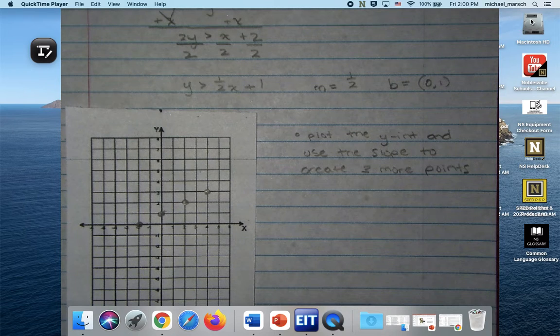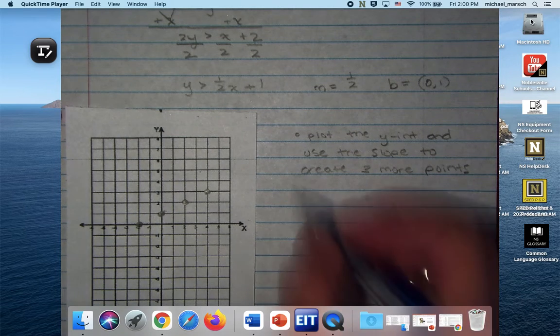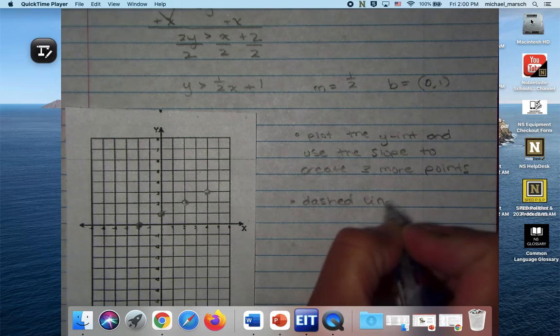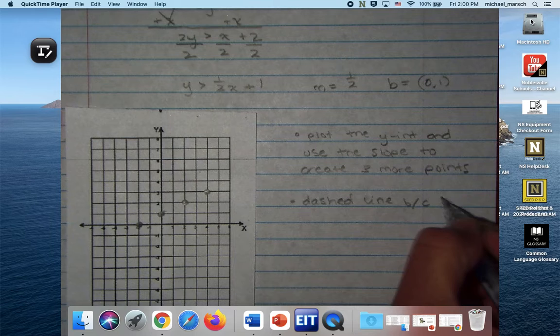Then I have to ask myself, what kind of line do I have? Solid or dashed? Well, this is going to be a dashed line because it's just greater than.